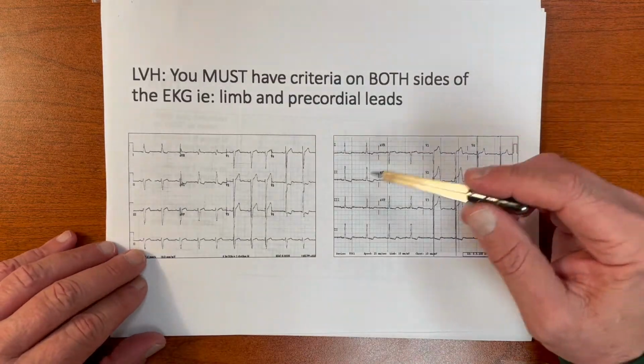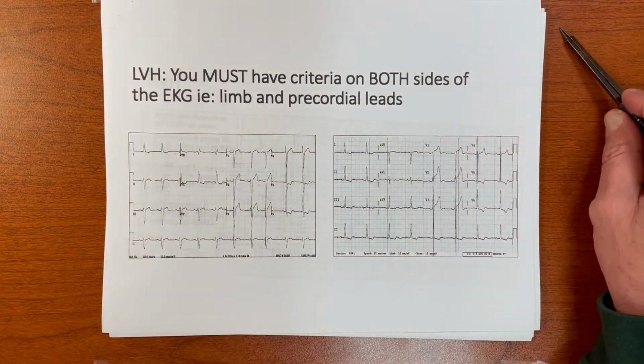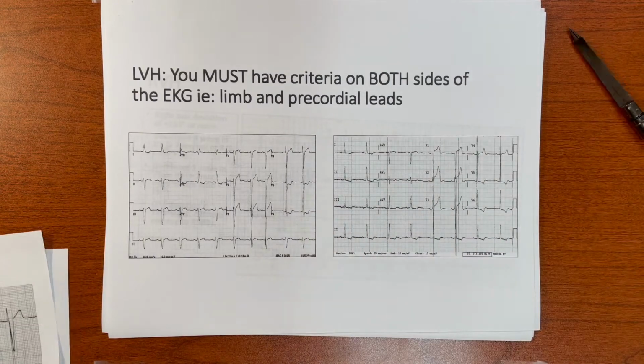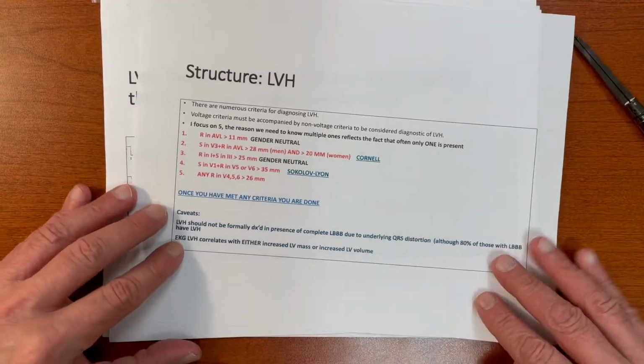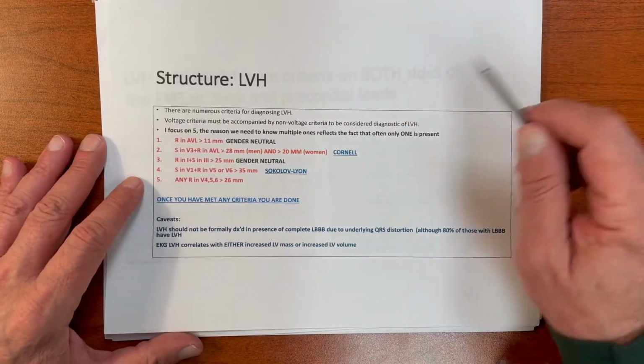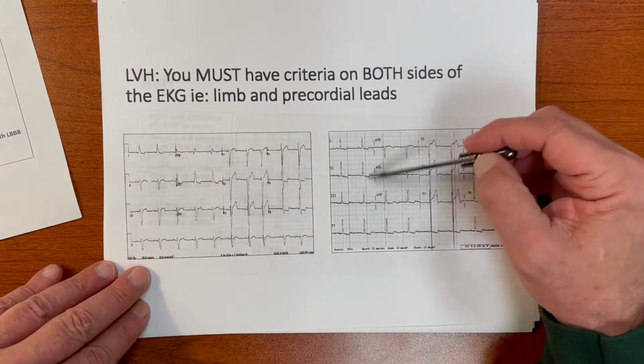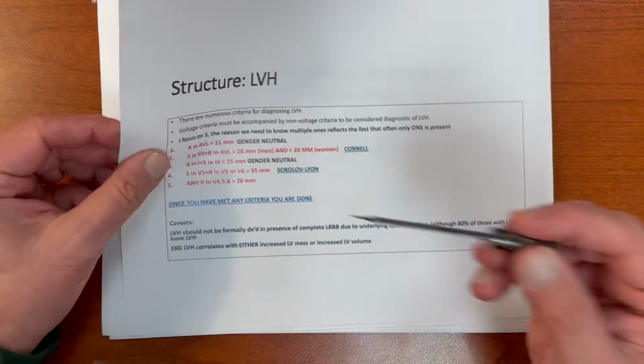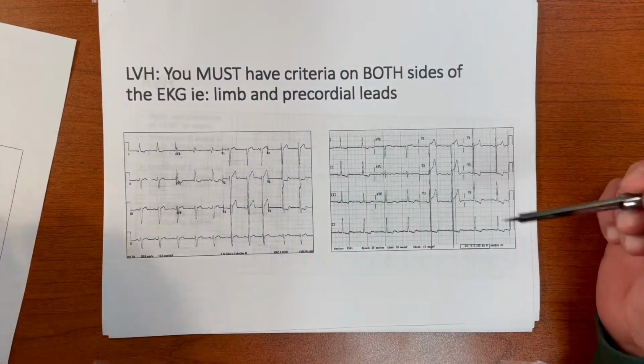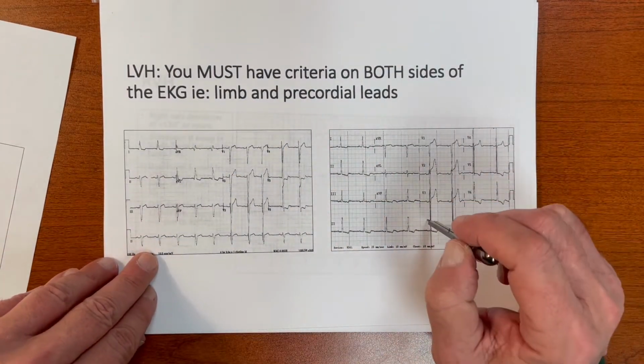So again, to reiterate the point, let's look at our criteria. 5 criteria, folks. 3 in the limb leads, the last 2 in the precordial leads, for this very reason.